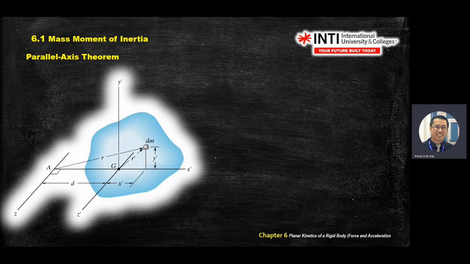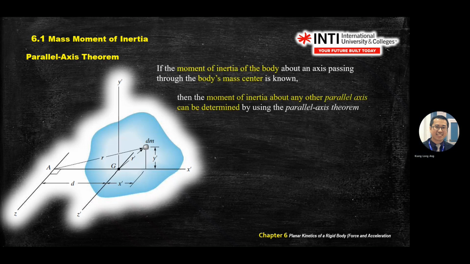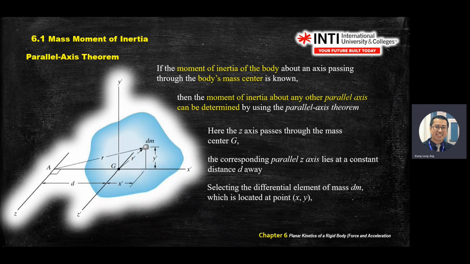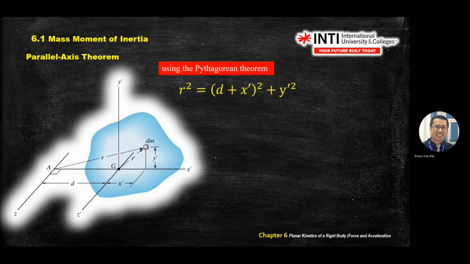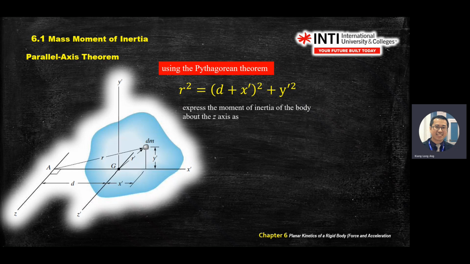A squared plus B squared, square root. From this diagram, what is your A? It's not D x prime. It's D plus x prime, square, plus y prime square, and then square root. Okay. So the rest you read. So you use the Pythagorean theorem because this is a right angle triangle. So R square equal to the base square and the height square, right?